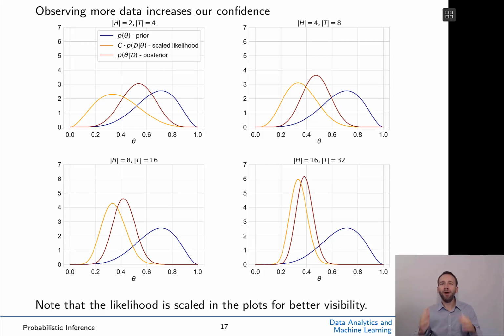So the more data we see, the more we should trust the data, or the less important our prior belief becomes. And this is indeed also what we are seeing. Let's say, for example, we observe 2 times head and 4 times tail. Here it's a slight bias to the tail.